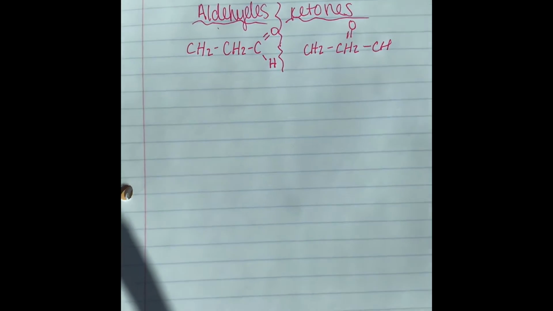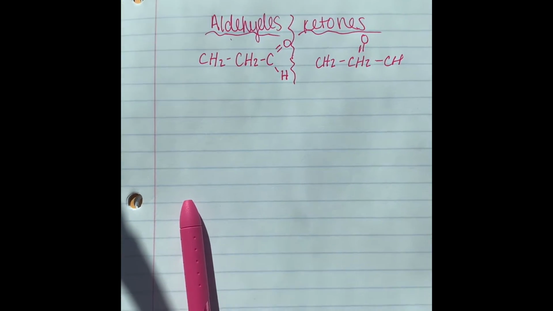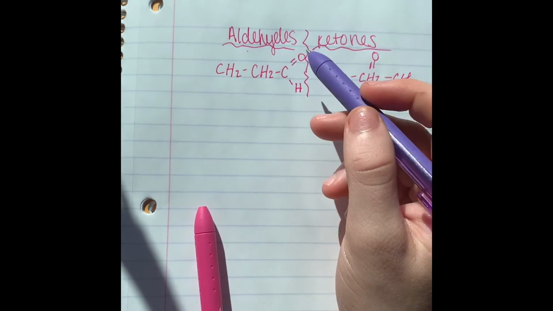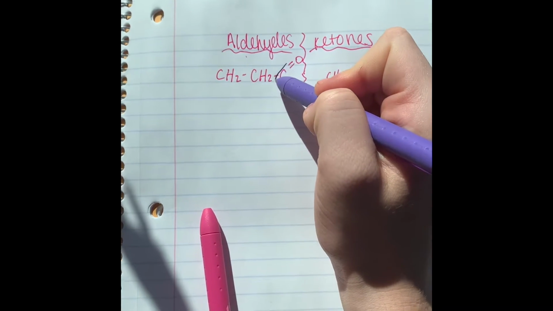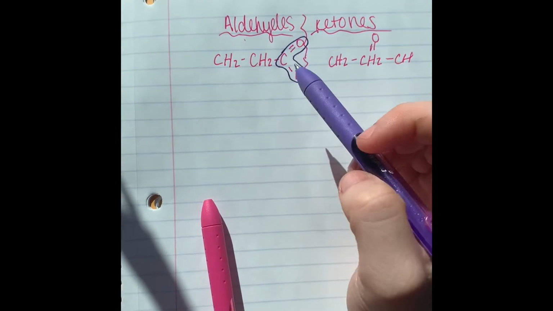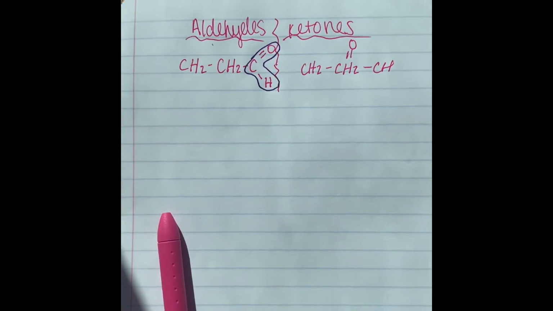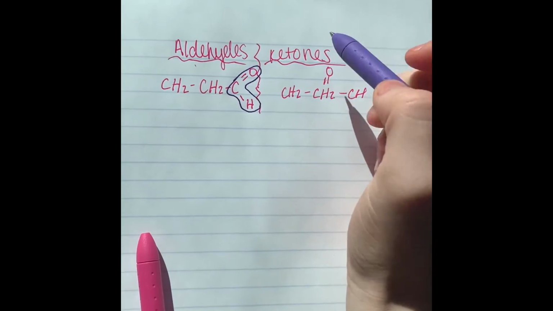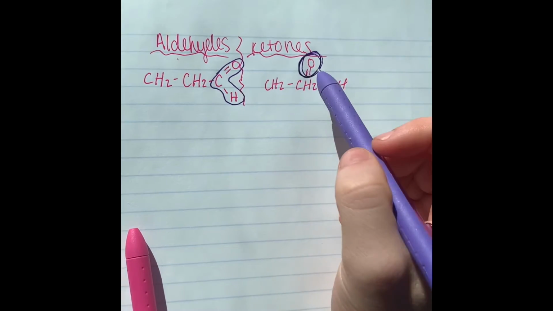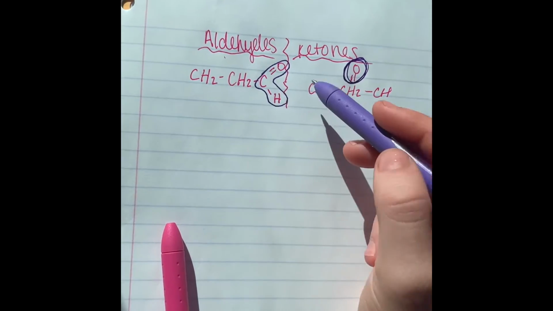An aldehyde is always going to be bonded to a hydrogen and then double bonded to an oxygen, whereas a ketone always in the middle, not on the ends, is going to just be a double bond to oxygen. So that's the differences in the way they're set up.